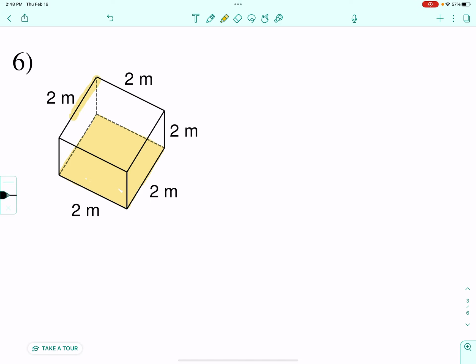And then I have another one here. So those are my 2 bases. The distance between them is going to be my little h, the height of my prism.